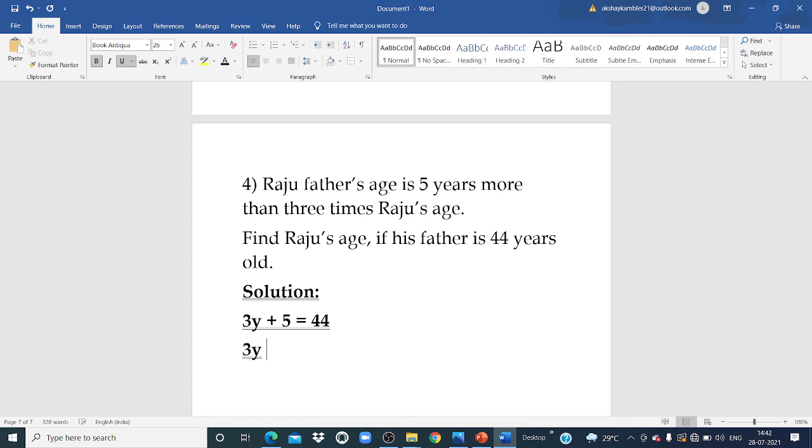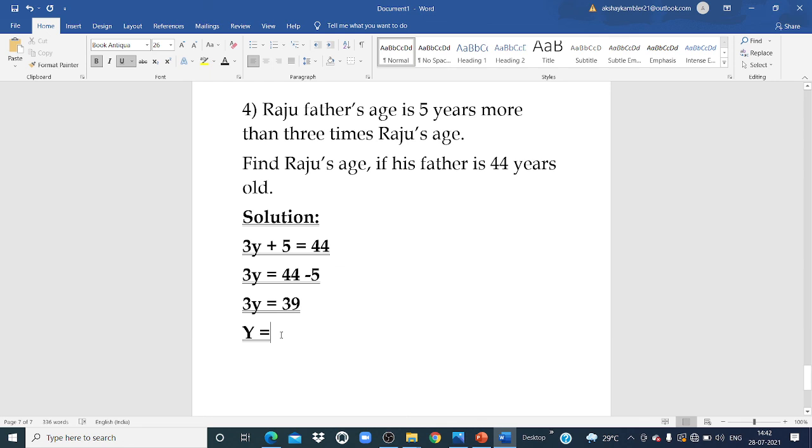Yes, very good. 3y is equal to 44 minus 5 by the transposing property. So 3y is equal to 44 minus 5. Answer is 39. And so we can find the value of y, that is Raju's age. How can we find it? 39 divided by 3, because this 3 is in multiplication on the LHS, while going to the RHS, that is the transposing method, it goes to division.